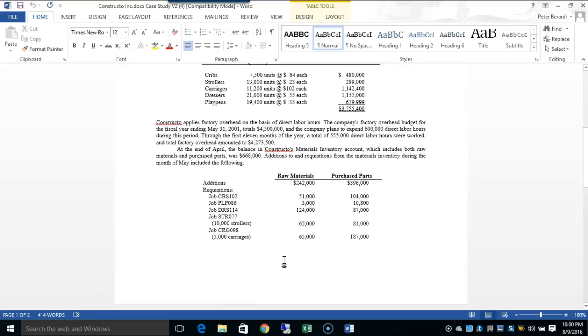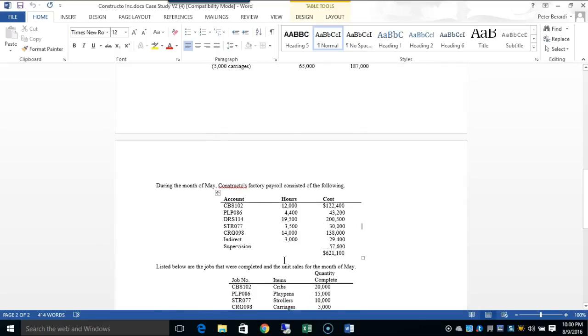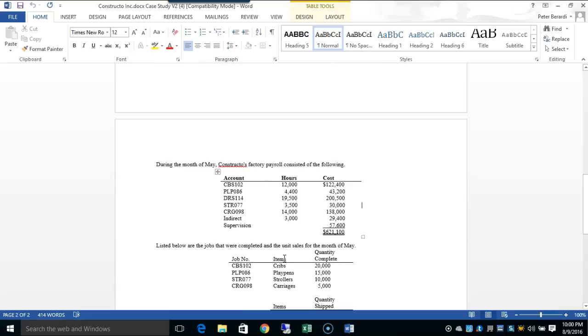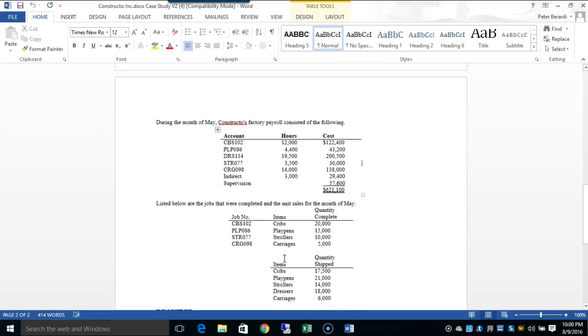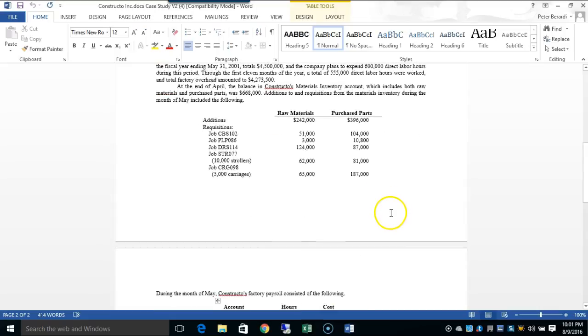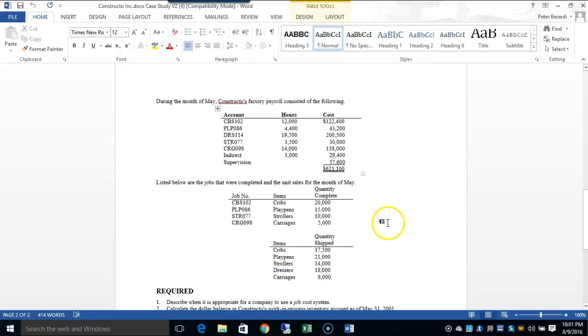Production for playpens are the units completed, 15,000. So 15,000 units completed means the WIP was credited for 15,000 and debited finished goods for 15,000.